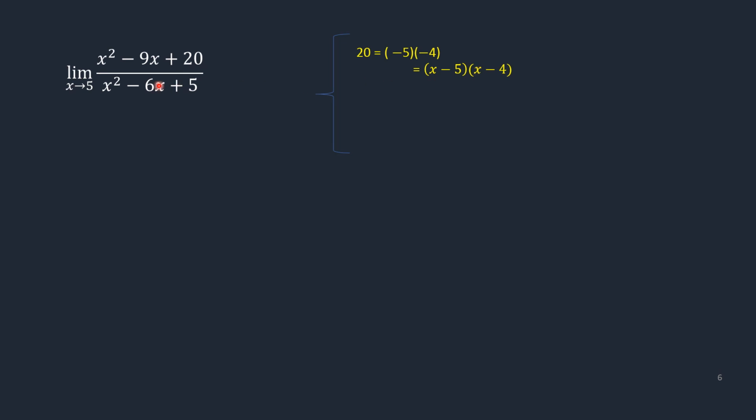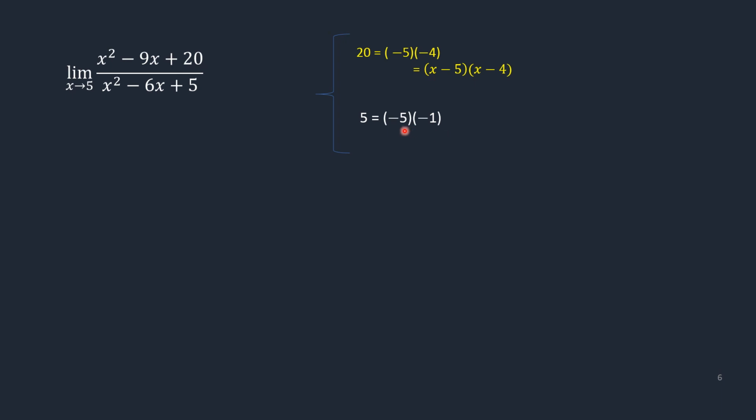Now, let us factorize the denominator. In the denominator also, the coefficient of x square is 1. So 1 multiplied by the constant term 5 will be 5, and we will find two factors of 5 such that their sum will be minus 6.